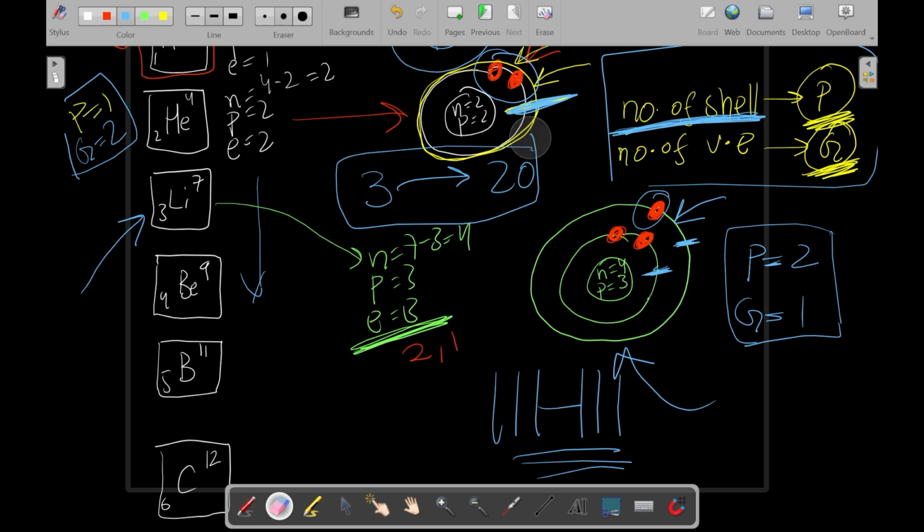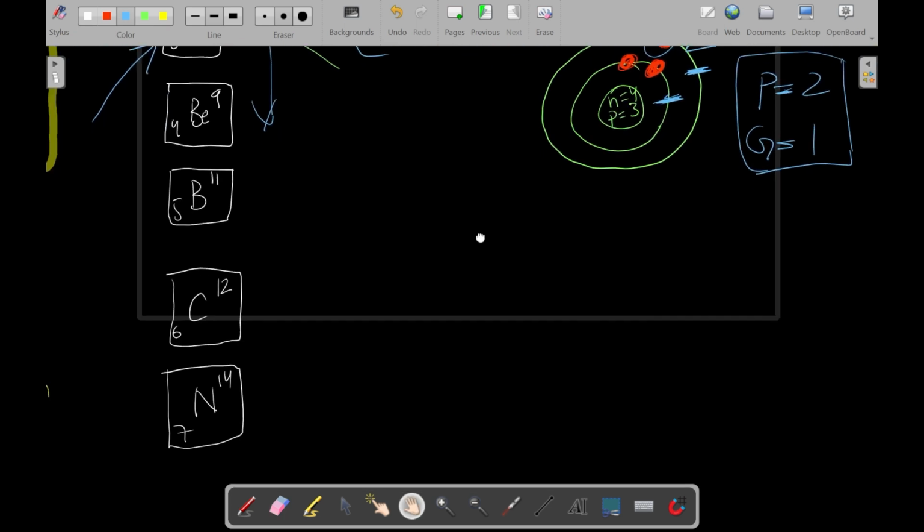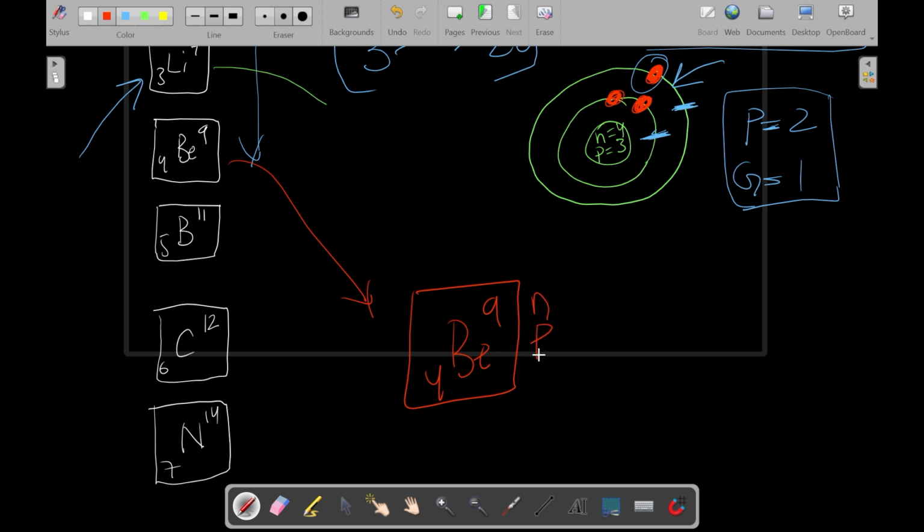Now, let me go with another example, beryllium. Very quickly, I'll solve for beryllium. We have got 4 and 9. Very quickly, the subatomic particles are 5, 4, 4.